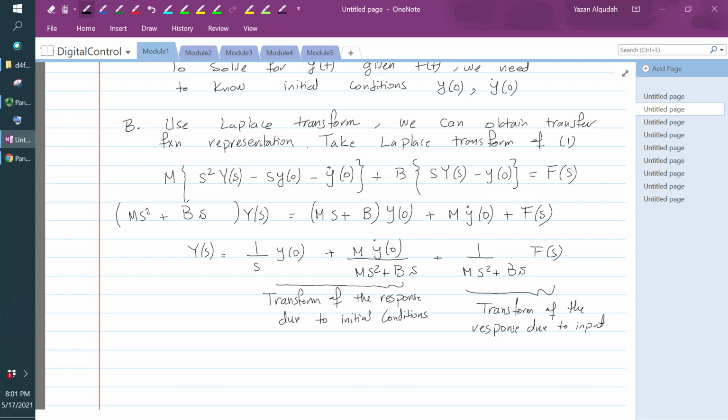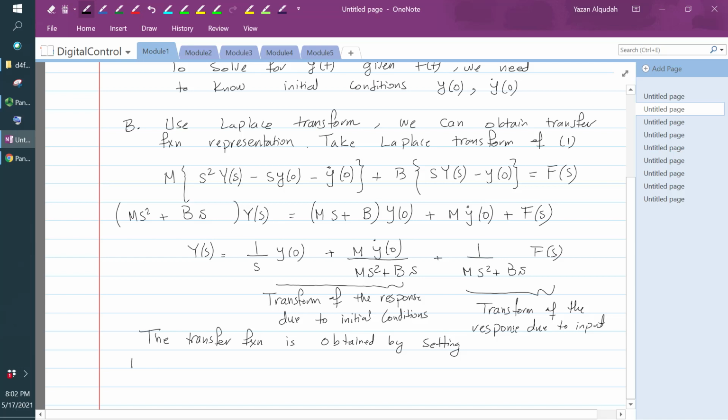So therefore the transfer function is obtained by setting the initial conditions to 0.